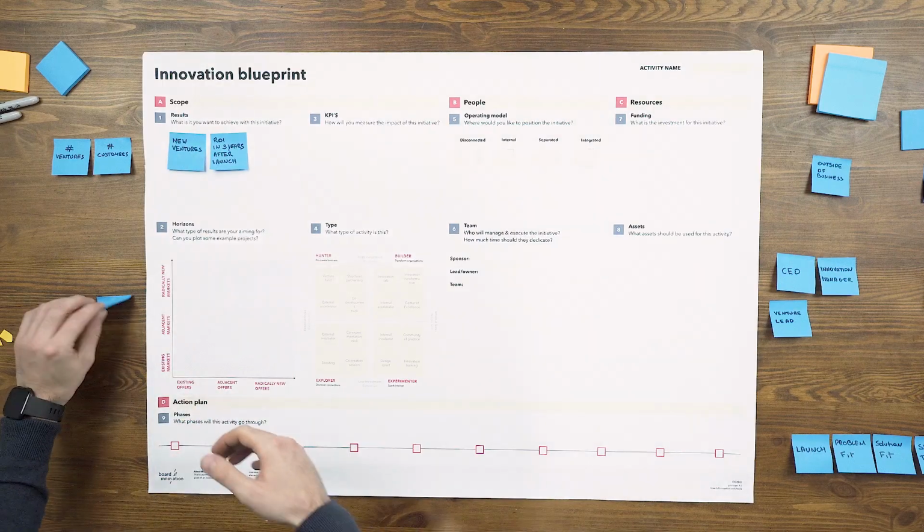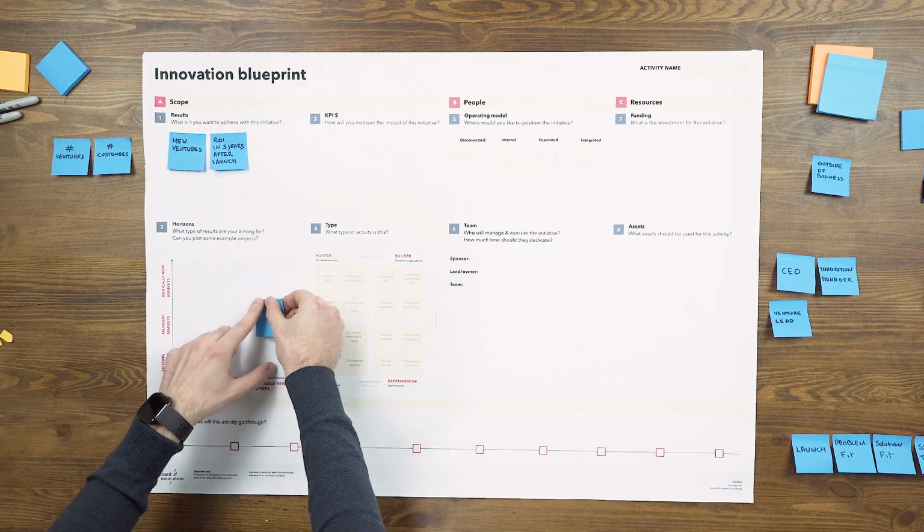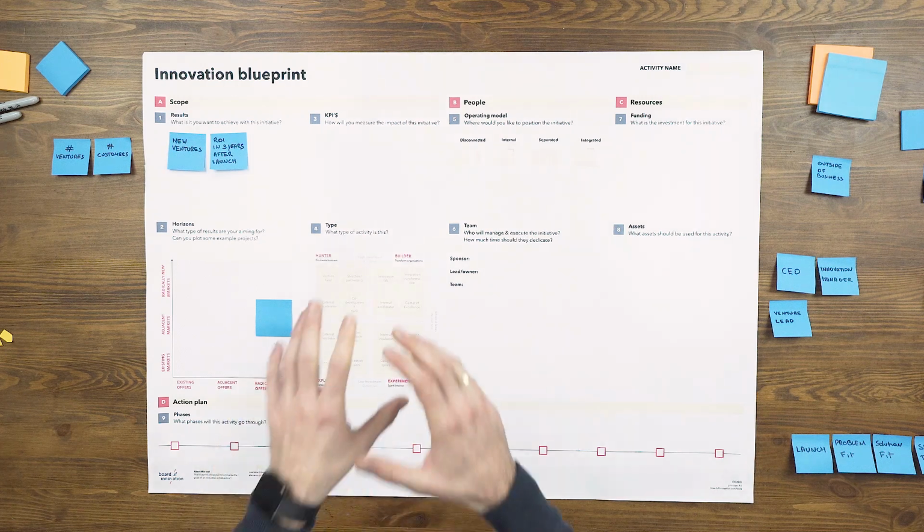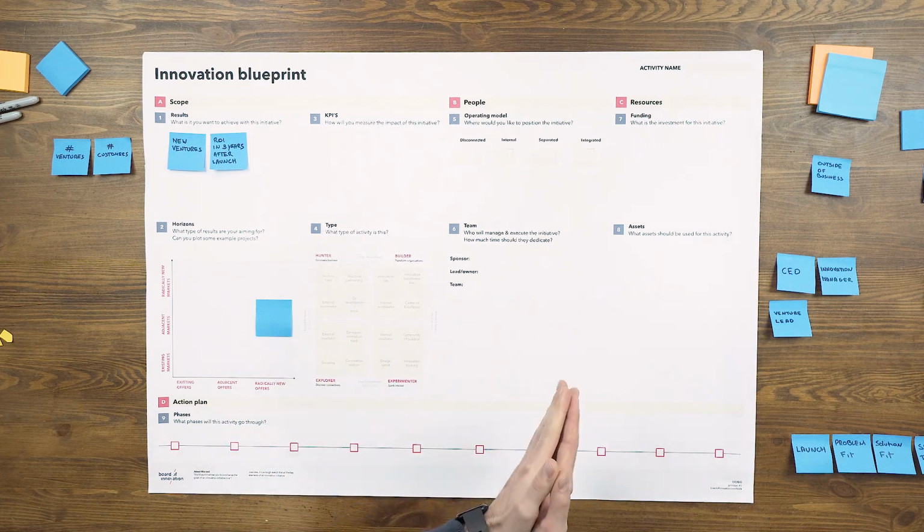The second question you should ask yourself is, what horizon of innovation do we focus upon? Is it incremental, adjacent, or radical innovation? We could say that in this case it's Horizon 2 innovation, where we focus on adjacent markets but radically new offers. Then we need to set out clear KPIs.